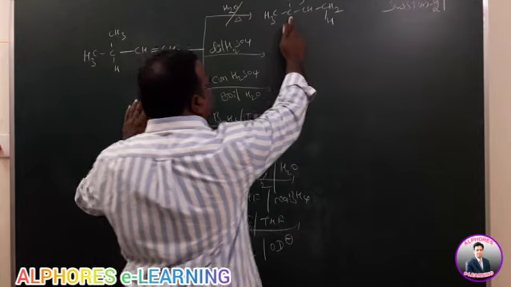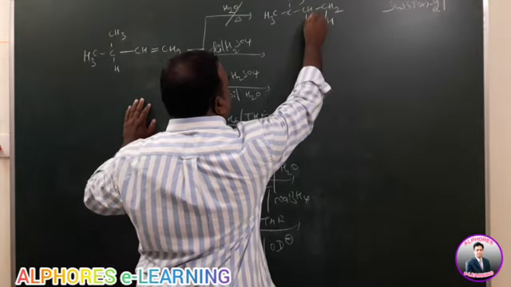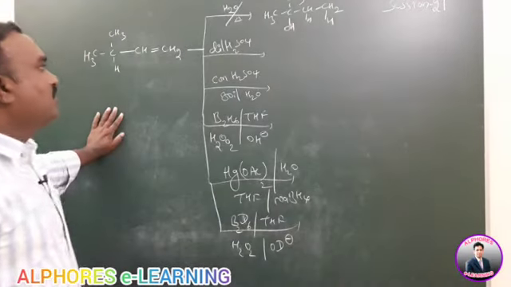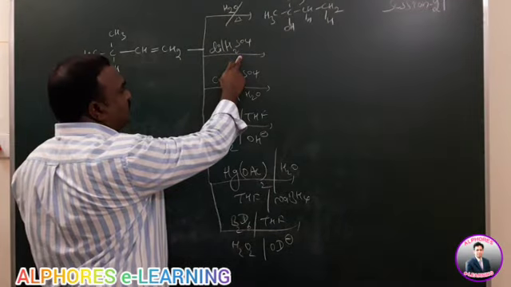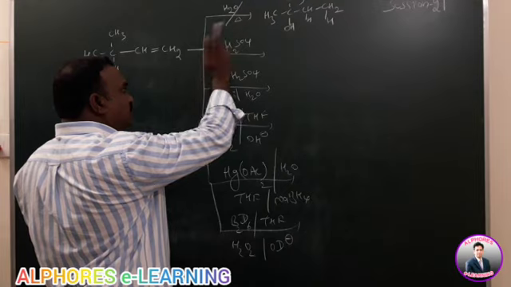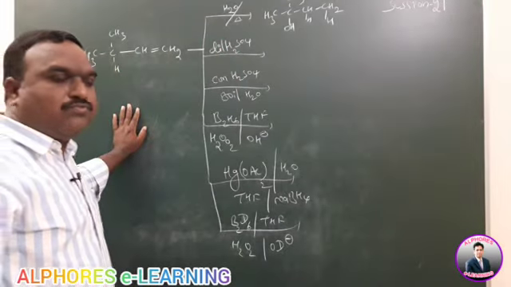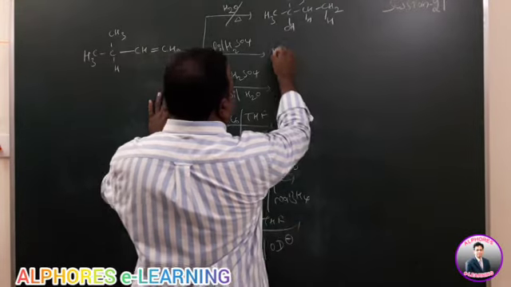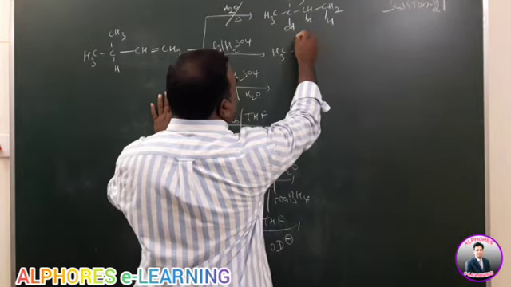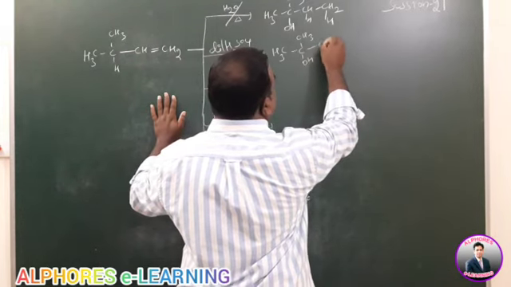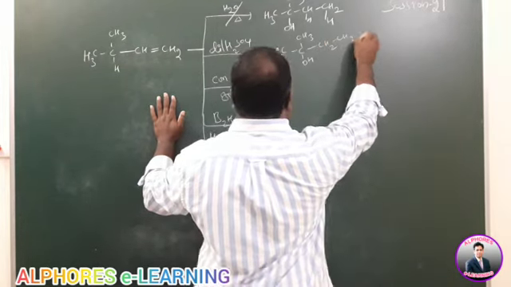Then the second step is the nucleophile attacking step. Diluted H2SO4 is given, means here also the same thing. You remember, addition of water reaction is nothing but one type of addition reaction.